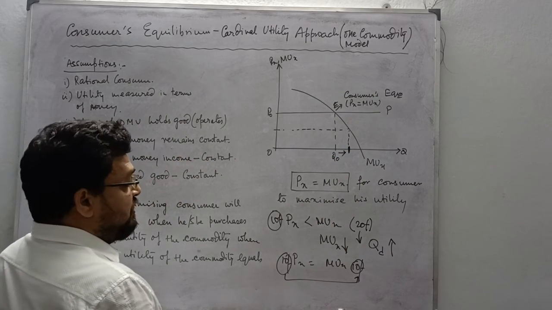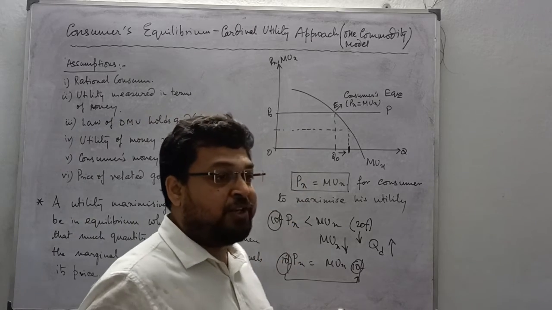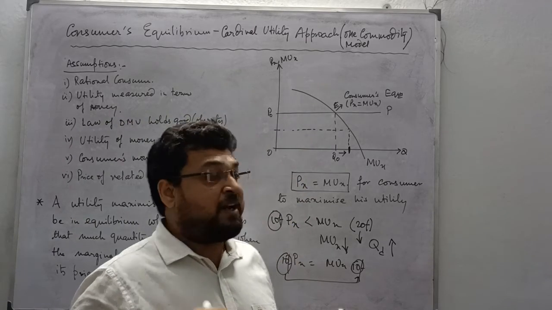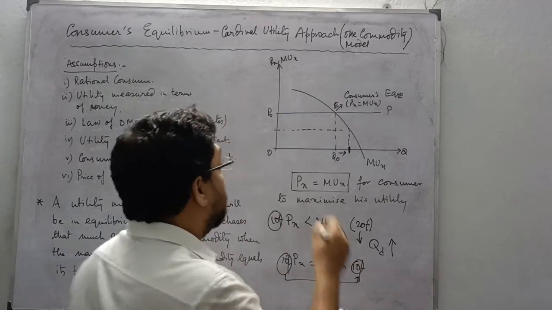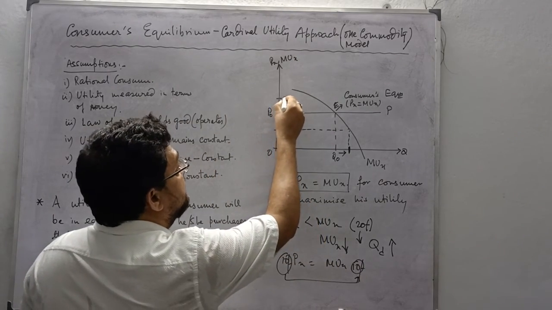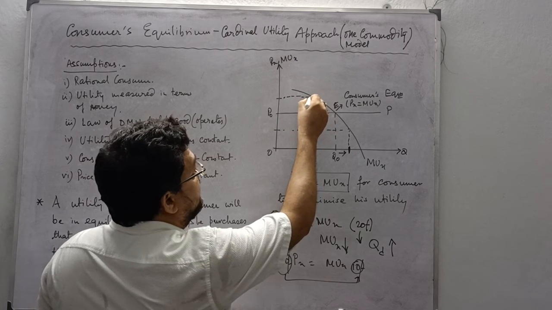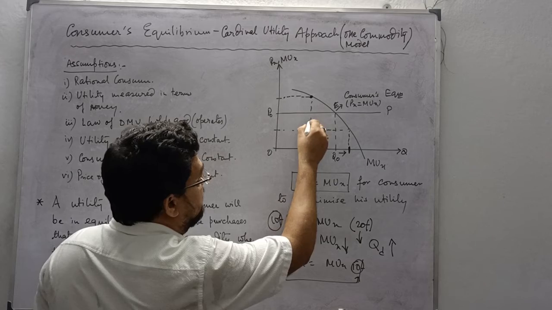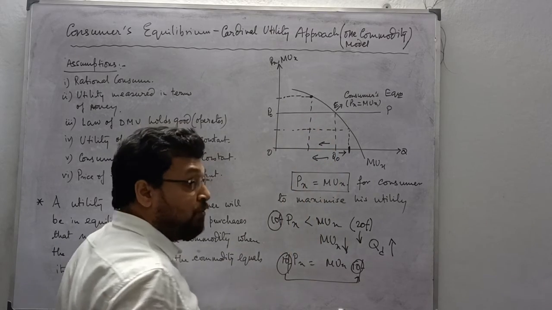So at lower prices, marginal utility also goes down. If the price is high, the marginal utility has to go up, and for the marginal utility to go up, the consumption level has to go down.